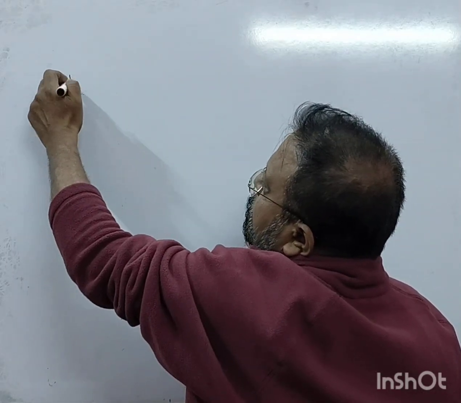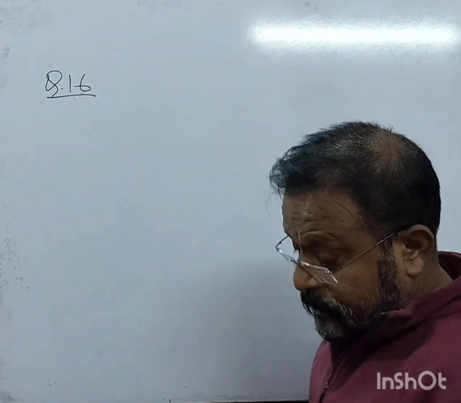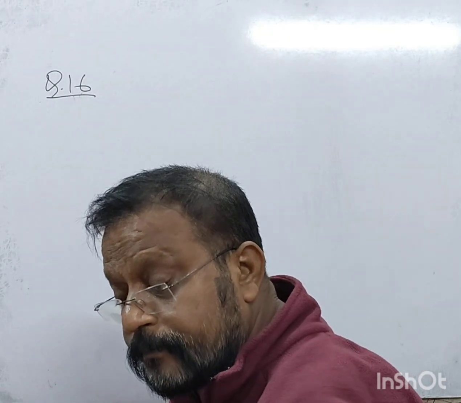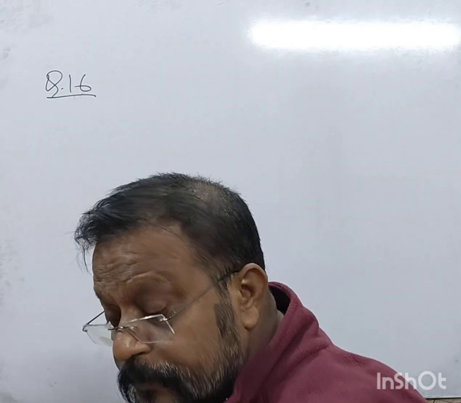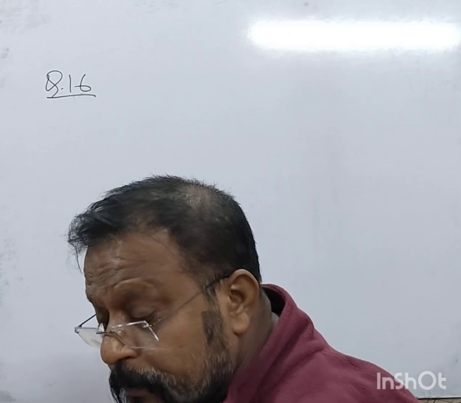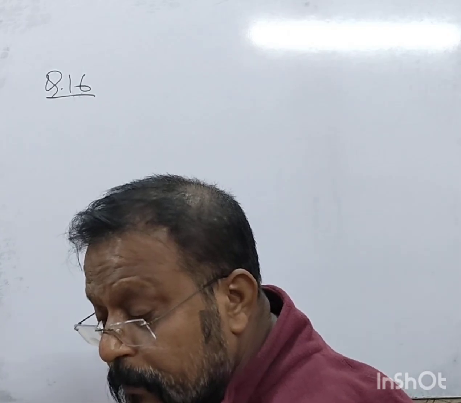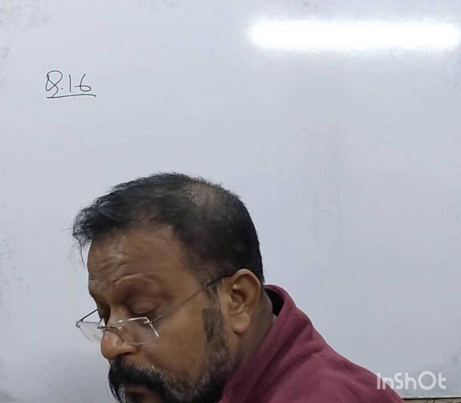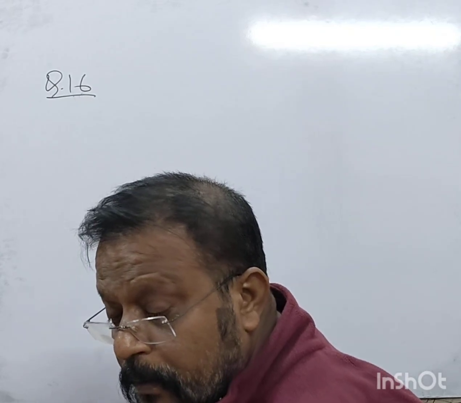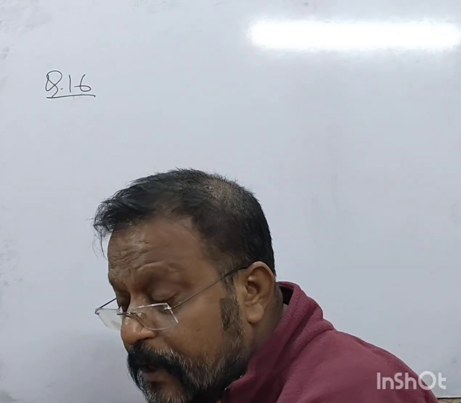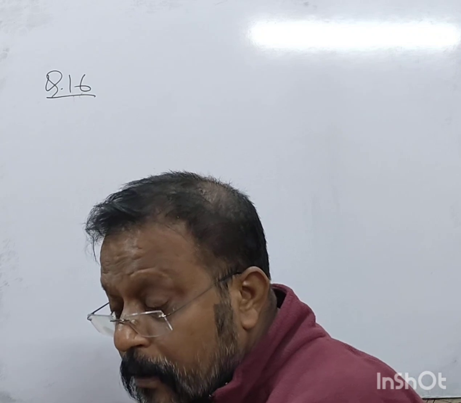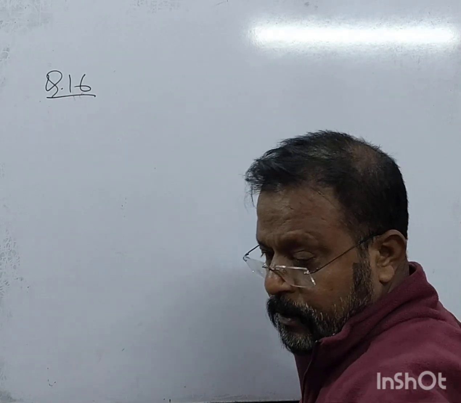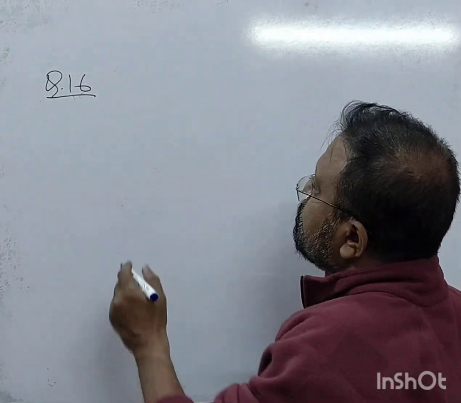Two resistors A and B, of resistance 4 and 6 ohms respectively, are connected in parallel. Okay, there are two resistors.